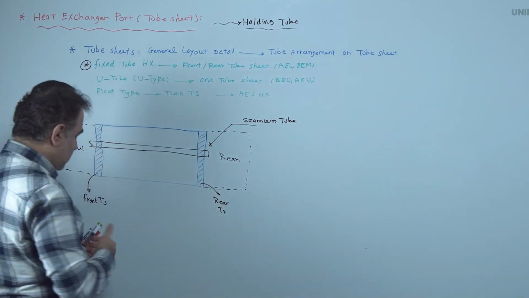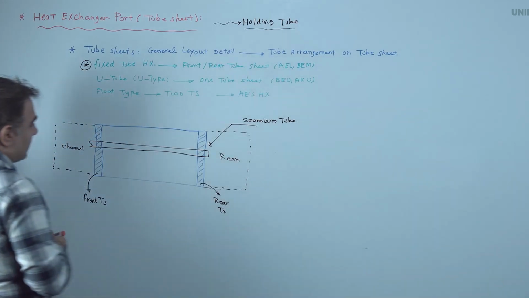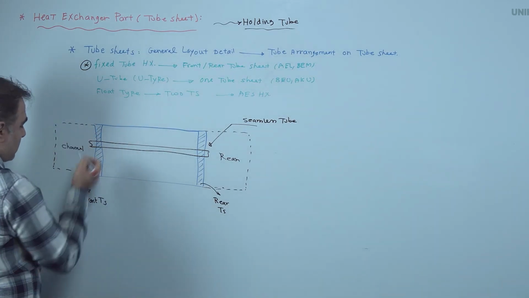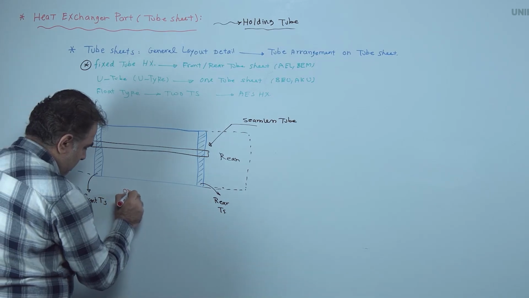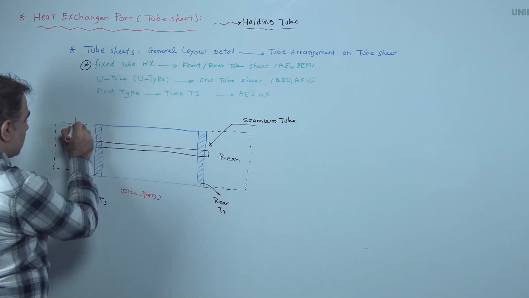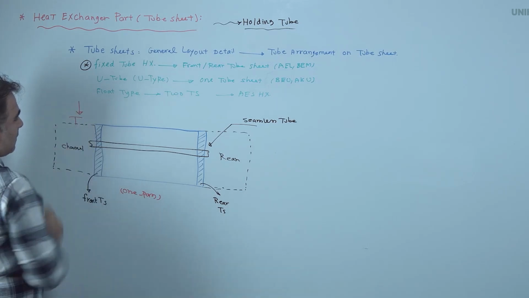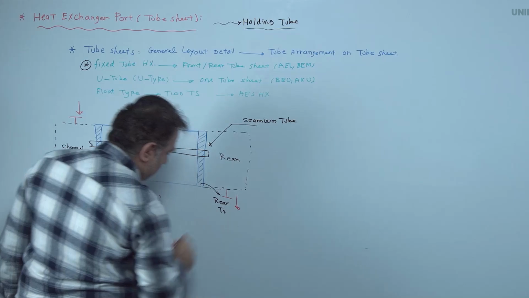Depending on our thermal design, we need to decide how many passes are available in the system. For example, this heat exchanger has one pass. Therefore, the inlet nozzle is at the front and the outlet nozzle at the rear.